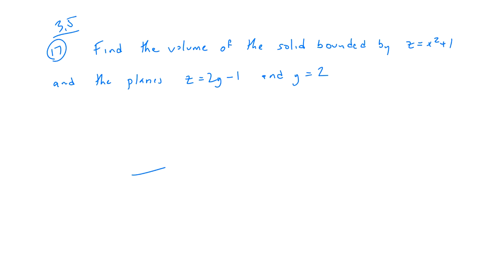This one I also could switch if I want to make it nicer, but I decide not to for some reason. So here we want to find the volume of the solid bounded by z equals x squared plus 1. So actually similar to the picture I did before to some extent. So it starts the same way.